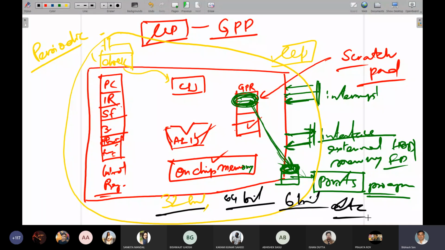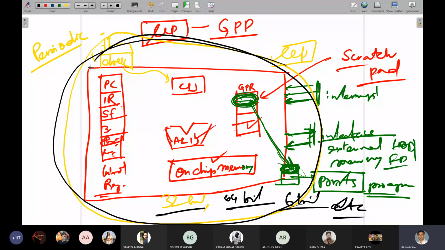Is it clear? So these are the processor. In your mind, whenever I say processor, what should be there? Is it clear or not clear, or do I have to repeat it? Are you getting my point? If it is not clear, just tell me.